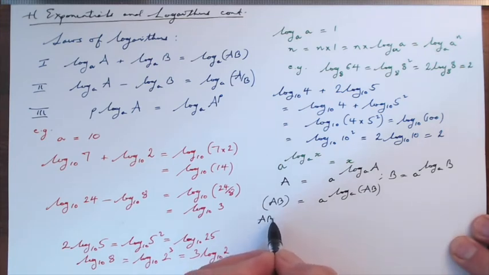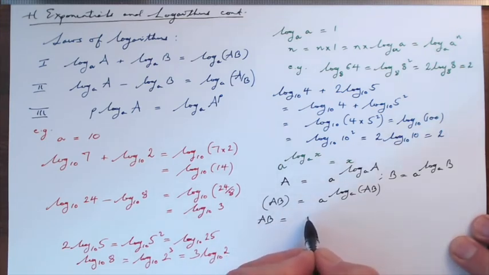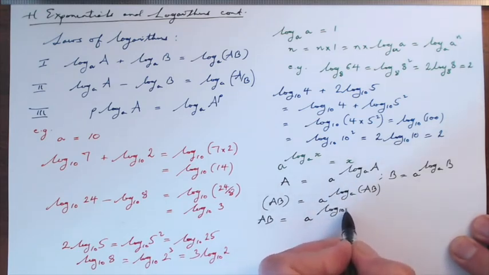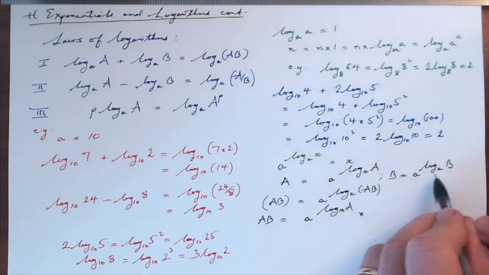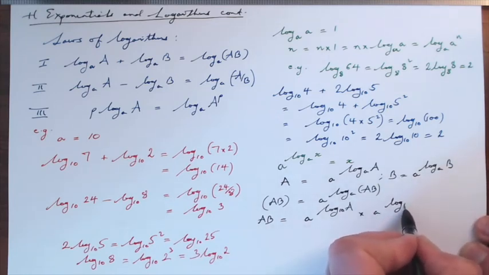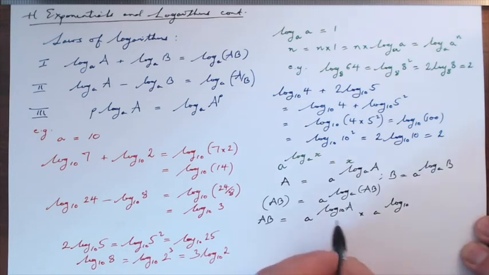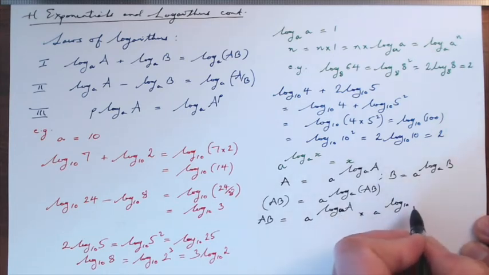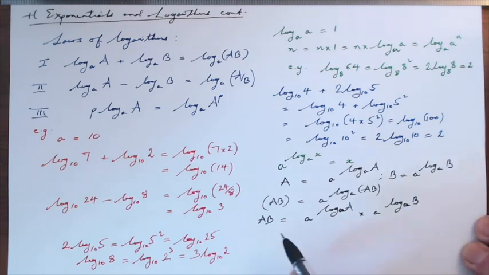So I can also write that A times B is the expression I have for A multiplied by the expression I have for B. Oh, I'm writing base 10 there. I want just arbitrary base a. Okay, so A times B is just this expression for A times this expression for B.